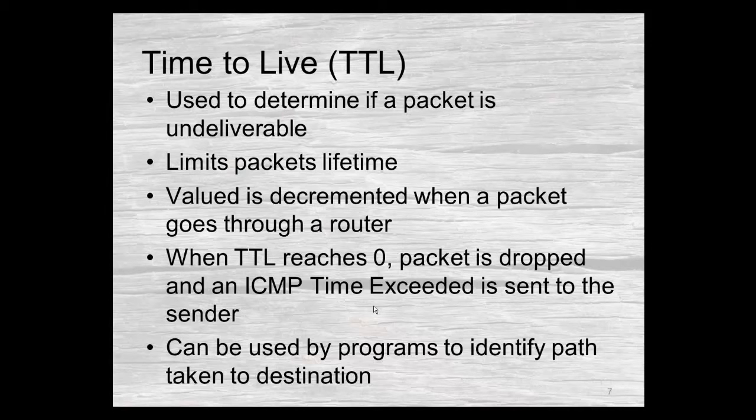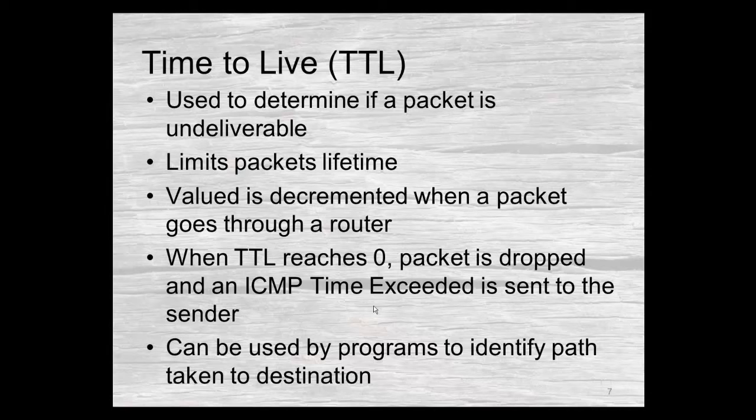Every time a packet goes through a router, the router decrements the time to live. If the time to live reaches 0, then the packet is dropped and considered undeliverable. At that point, the router will send back an ICMP time exceeded message indicating that the packet was not able to be delivered.